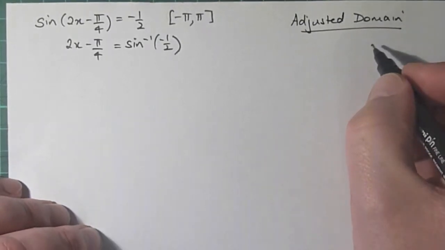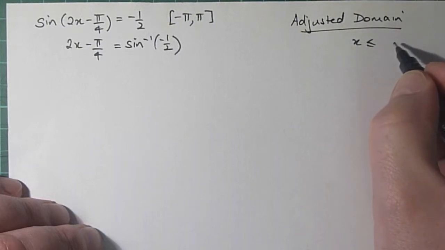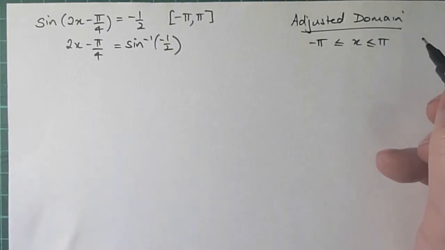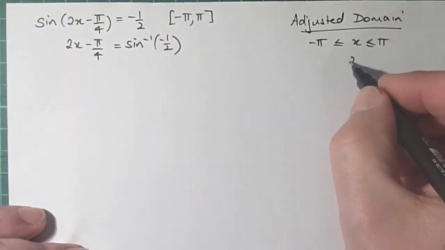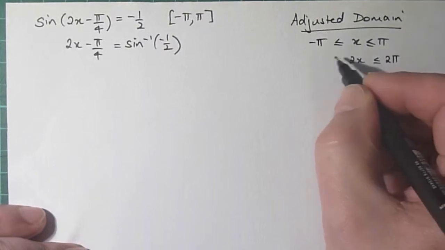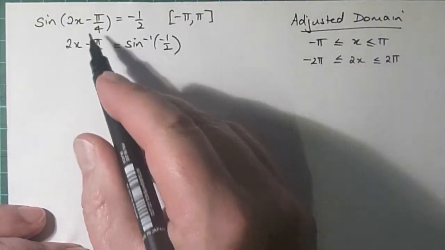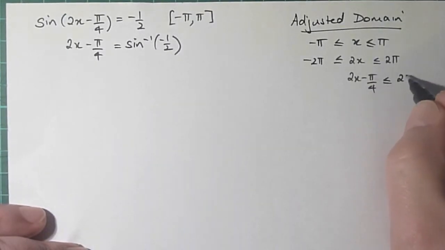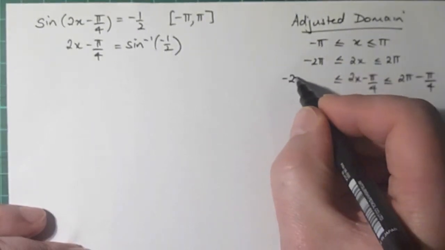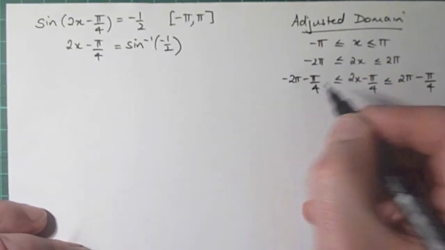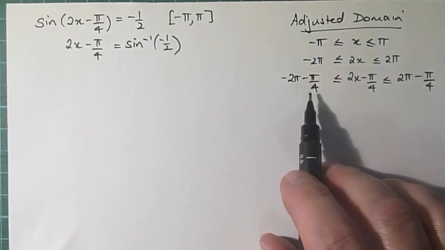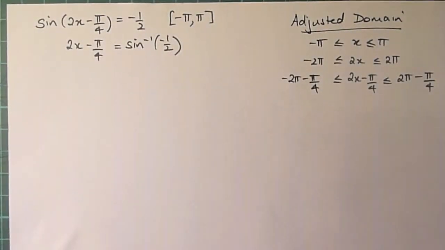Our original domain is between negative pi and pi, but we've got a dilation of 2 and a translation of pi on 4. So really our adjusted domain is between minus 2 pi minus pi on 4, and 2 pi minus pi on 4.